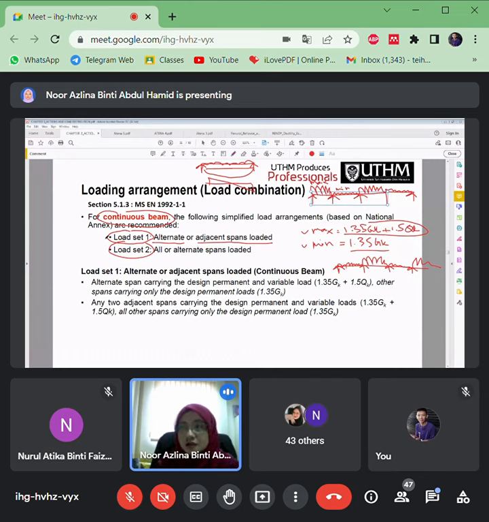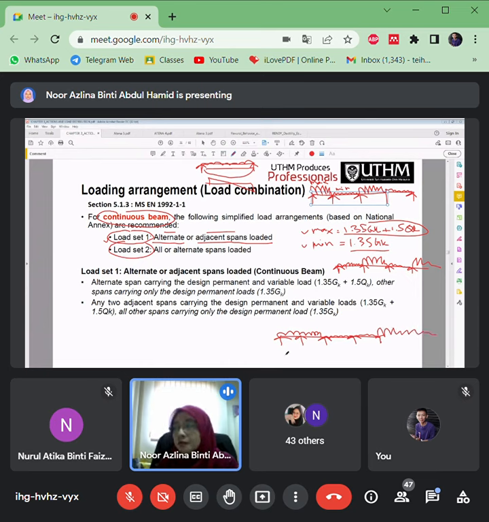For load set 1, it has alternate and also adjacent. Adjacent means it's still alternate but 2 by 2 or 2 by 1. So that means 2 spans maximum, and then 2 spans minimum, and then continue with two spans maximum and minimum.